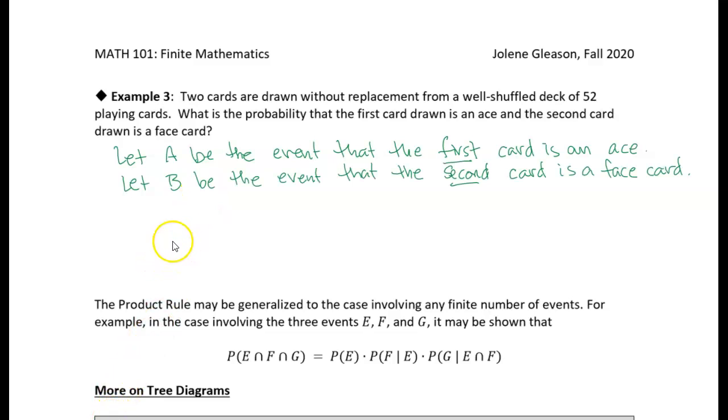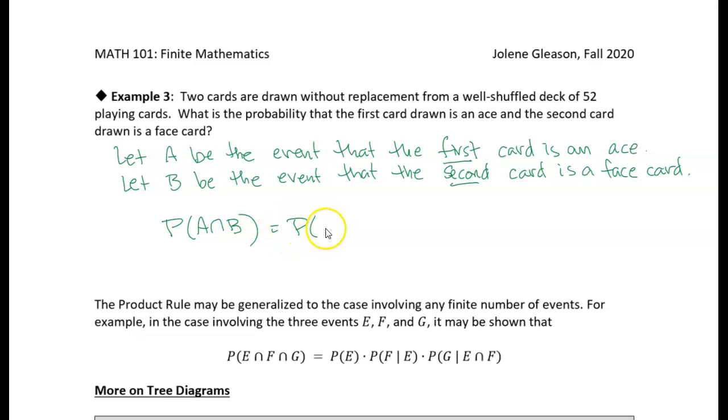What we want to know is the probability of the first card being an ace and the second card being a face card. So what's the probability of A and B? We can just use the product rule.